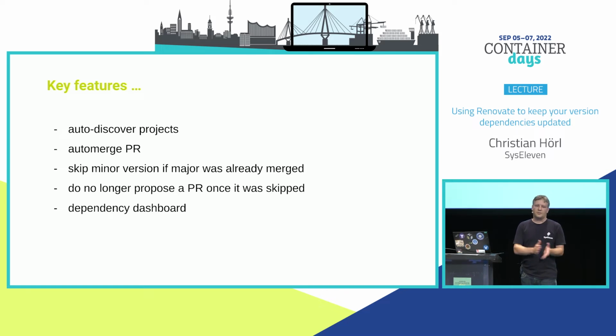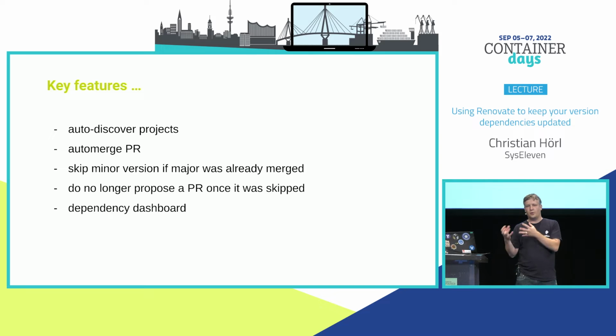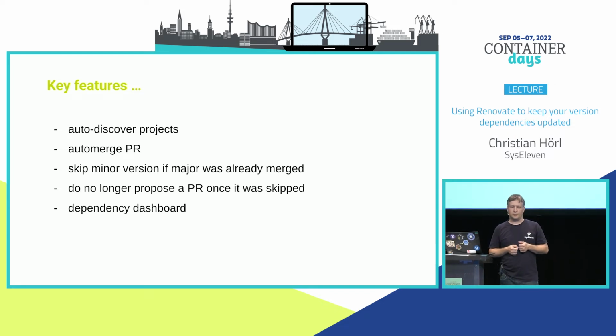Also, you could skip minor version updates if a major version was already merged. So you will not be reminded every time that there was a lower version still to be updated if you're already in the timeline three steps further. So Renovate does a lot of housekeeping and has a lot of intelligence on its own.